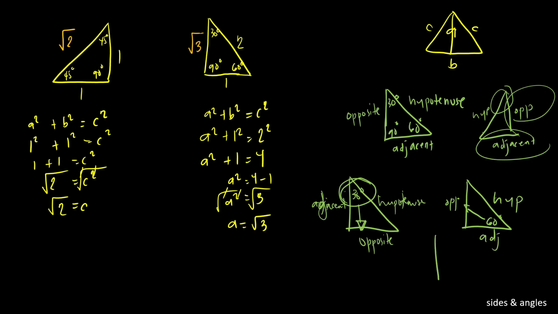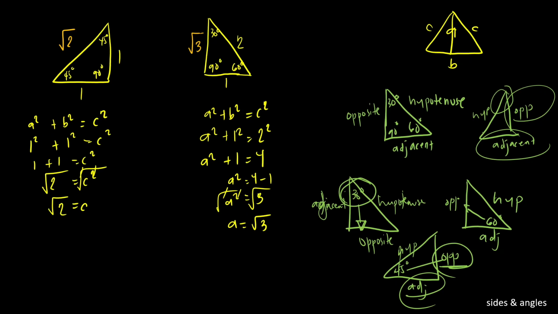If we're going to focus on the 45 degree, here is our opposite. Here is our adjacent. Here is our hypotenuse. Okay? So the opposite and the adjacent always depend on the angle you focus on.